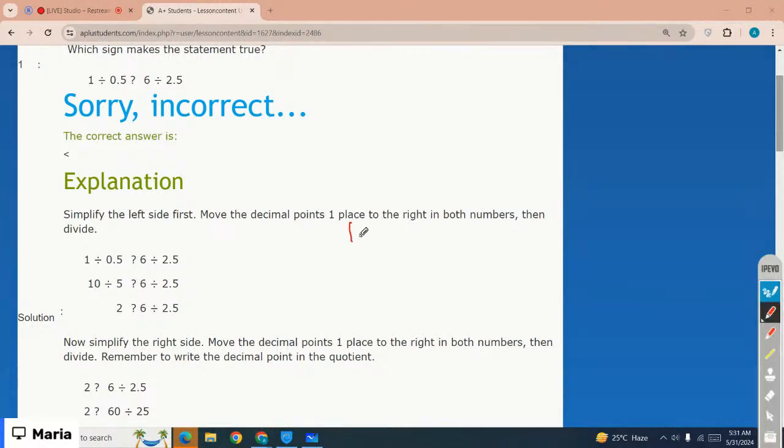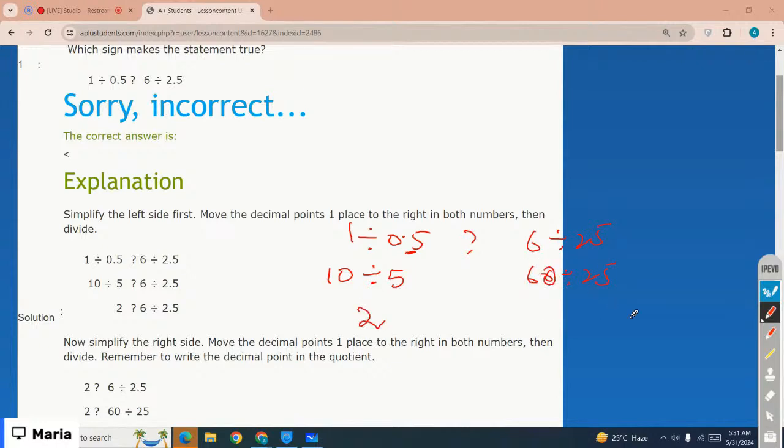You have 1 divided by 0.5 and 6 divided by 2.5. Remove the decimal point by adding a 0 to the divisor. That would be now 10 divided by 5. Same thing you can do here. That is 60 divided by 25, right?